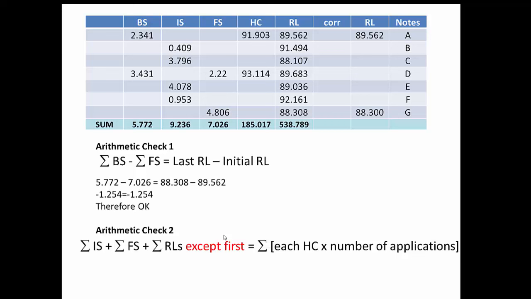The second one, we add the intermediate sites, add the foresights, add the reduced levels except the first one, and that should be equal to each height of collimation multiplied by the number of times it's used to do a calculation. So this height of collimation was used to work out the reduced level of this point and this point.